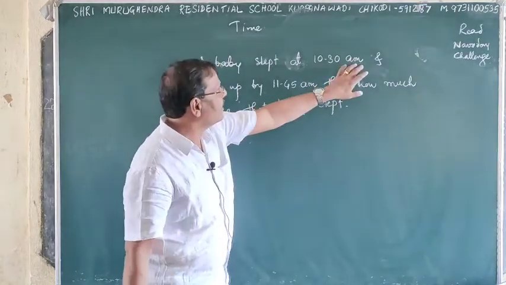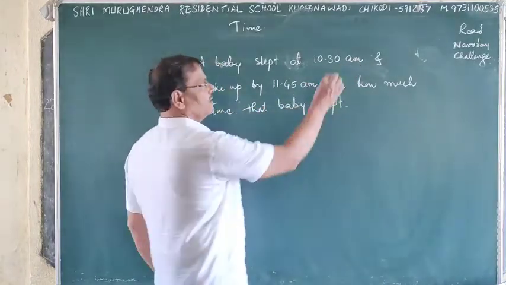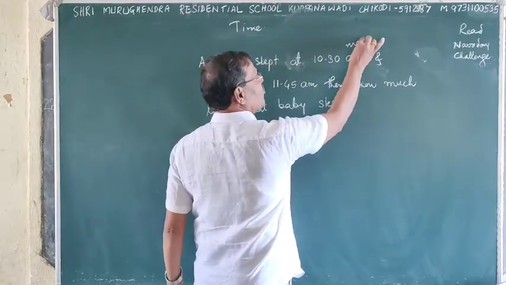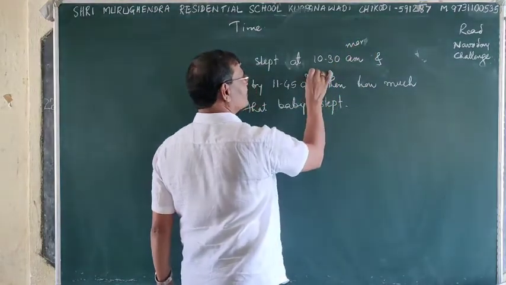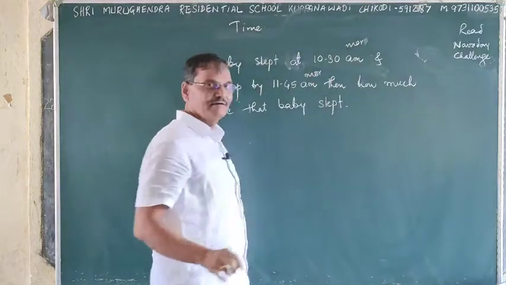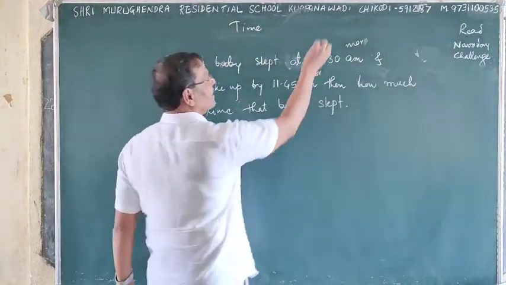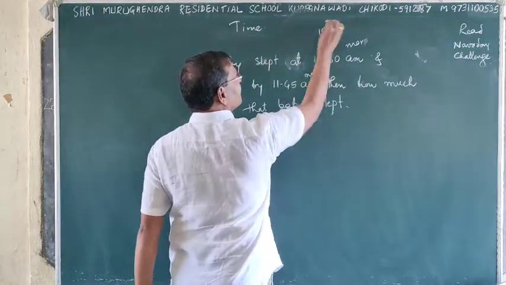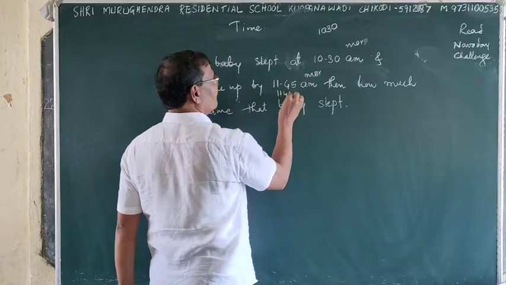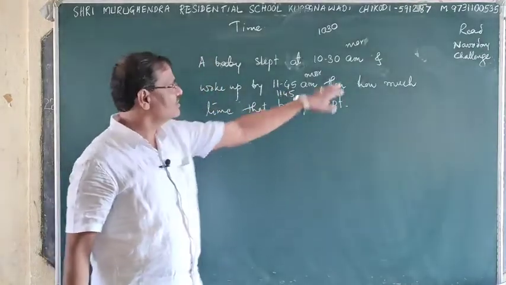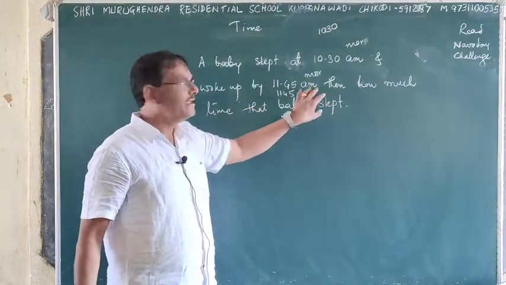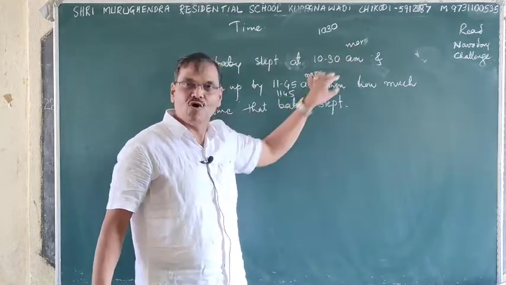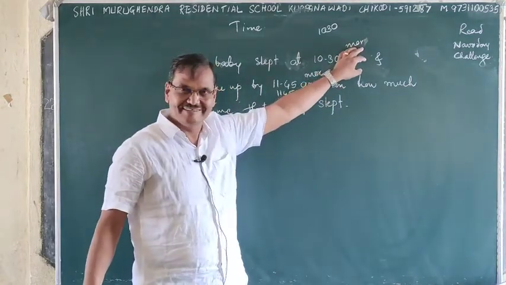See, a.m. to a.m. A.m. means morning to morning. This is also morning. In real time you can write it as 10:30, 11:45. No changes because it is a.m. Morning to morning, isn't it?